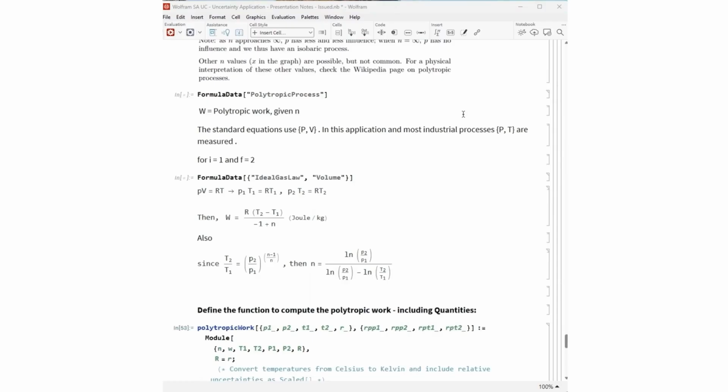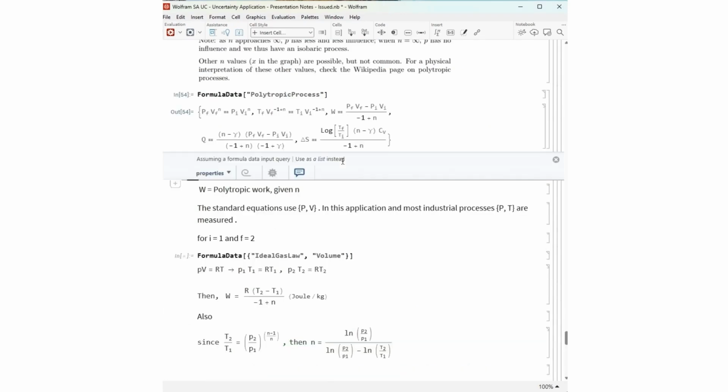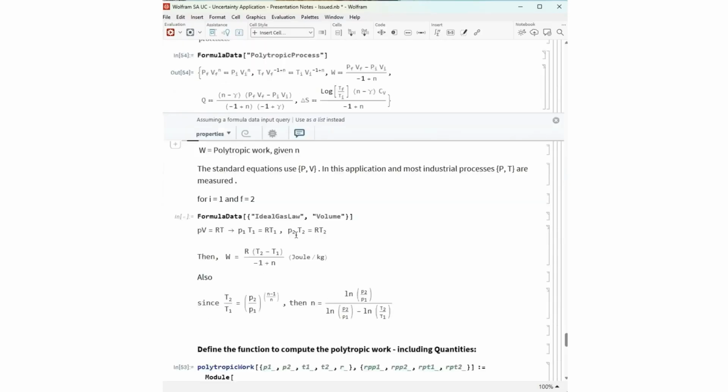I can get the formulas for a polytropic process using Wolfram formula data like this. I'm interested in the work and pressure and temperature relationships. So here's the work here, and here's the pressure and temperature relationships.